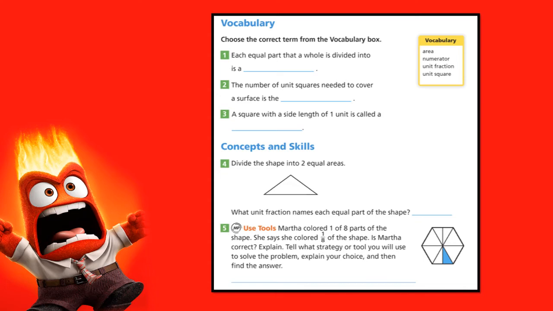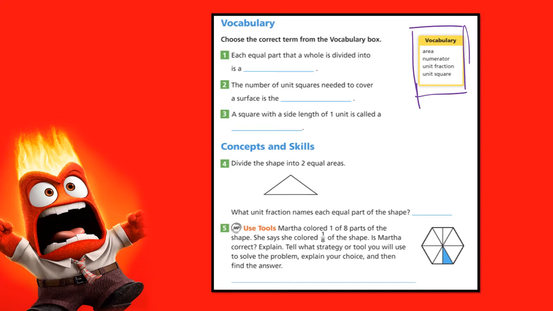Okay, welcome back. Let's see how we did. Let's begin with the vocabulary section. Choose the correct term from the vocabulary box. That's over on the right. Number 1, each equal part that a whole is divided into is a blank.